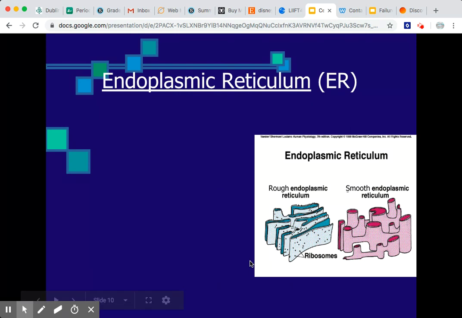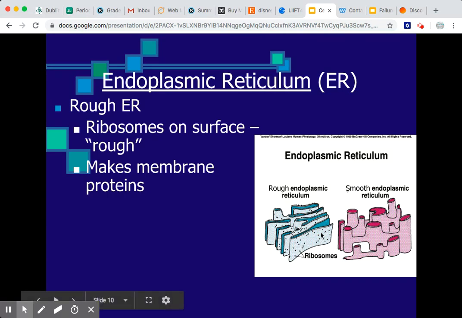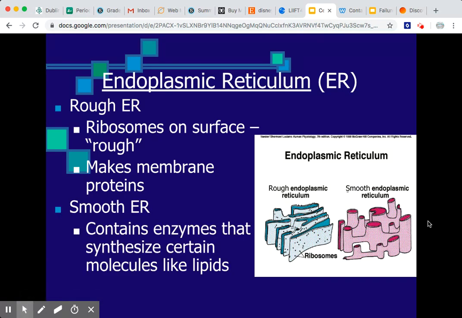So let's talk a little bit more in detail about the rough endoplasmic reticulum. You can see this is a really nice diagram that shows the rough endoplasmic reticulum has the ribosomes on it. They make proteins for the membranes. And the smooth endoplasmic reticulum does not have ribosomes. And what they do, they have enzymes. Enzymes help move along chemical reactions so that you can make, again, here's this word, synthesize. Synthesize means to make.